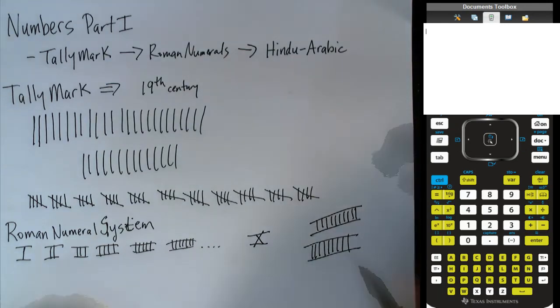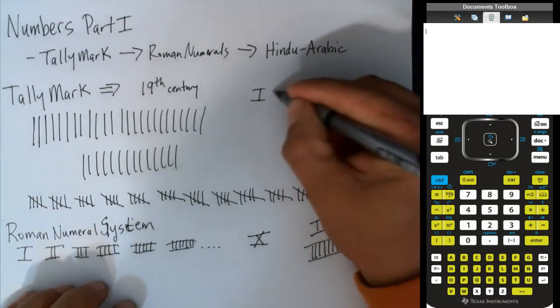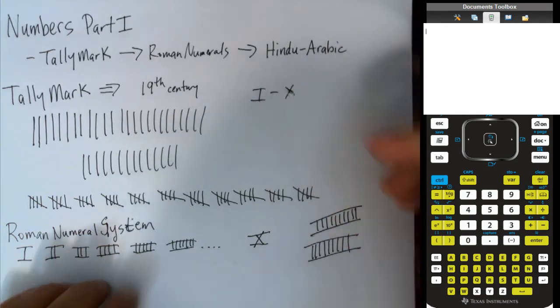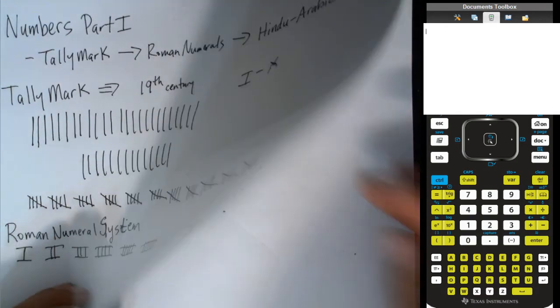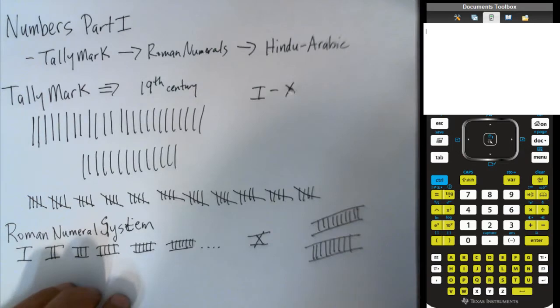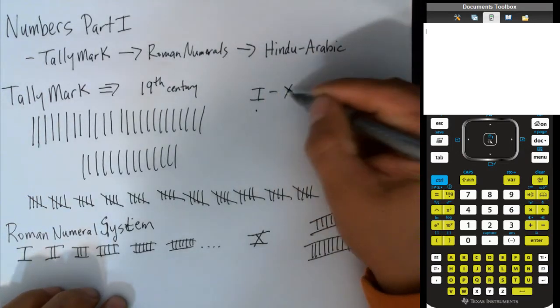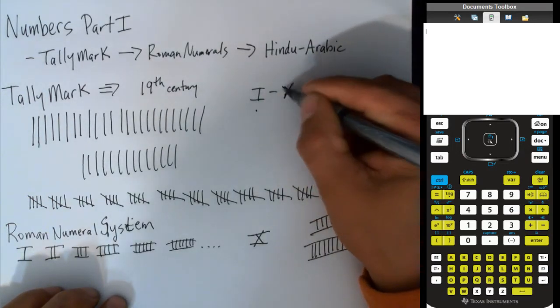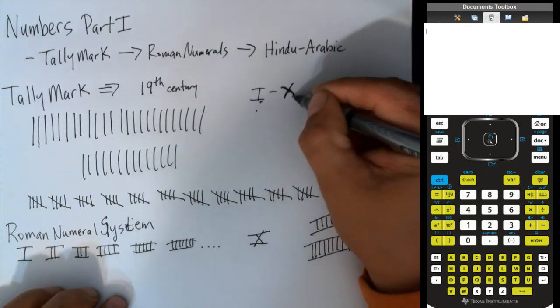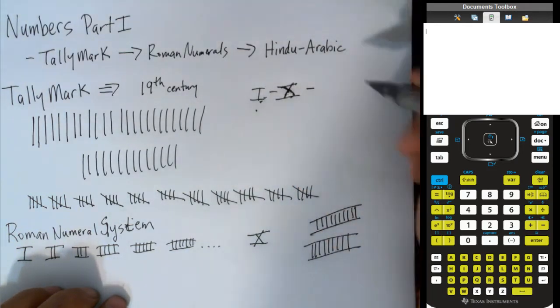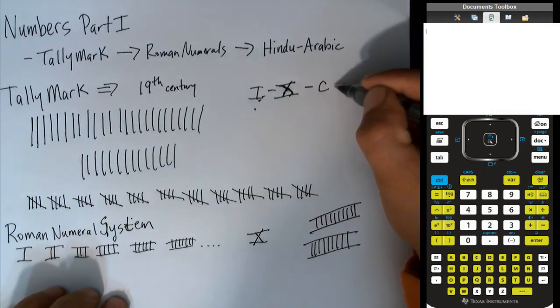And it started out, I is 1. X is 10. Then C is 100.